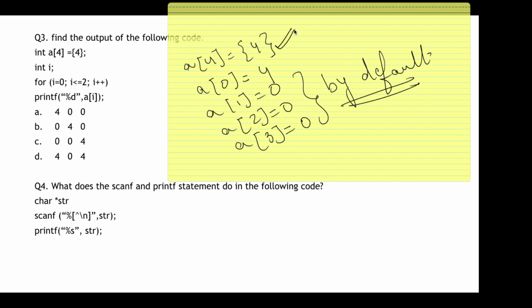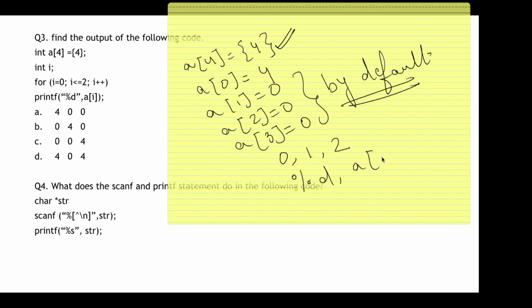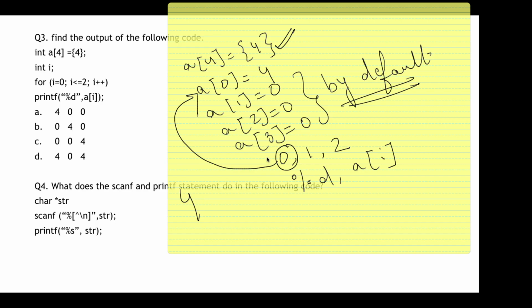Now it says the loop runs from 0, 1 and 2. Now print the A of I. So once it is at 0, it will print this value. So 4 will come. At 1, it will print this value. So 0. At 2, it will print this value. So again 0.